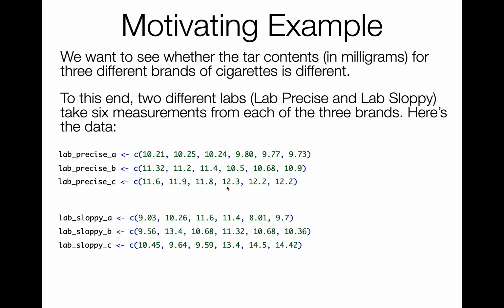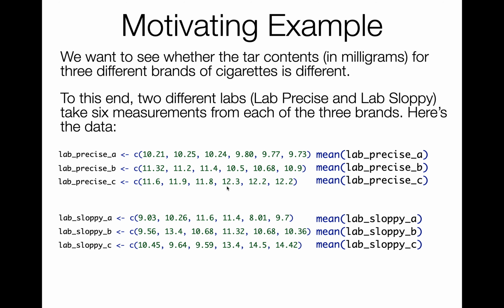The means aren't different if the sample means, i.e. the means of these 6 numbers, are the same. But if they're different, then that's a different story. So I take the means of each of them, and I find that for each lab, the mean for A was 10, the mean for B was 11, and the mean for C was 12.